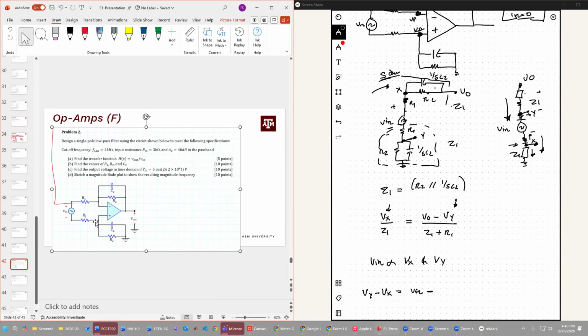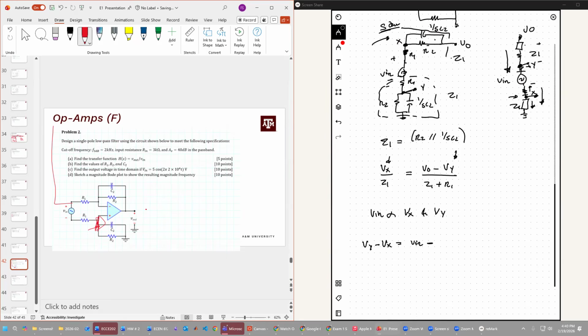Sure I'm looking at this right. Why is Vx not over R1 plus Z1? Well, yeah, because it's before the node. So, like Mahi mentioned, Vx is right here. Yeah.